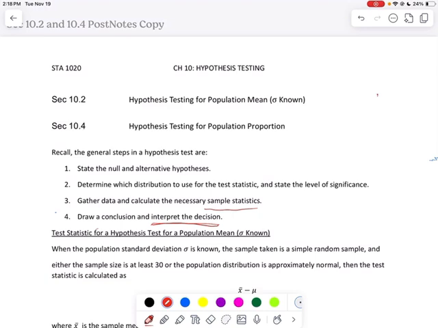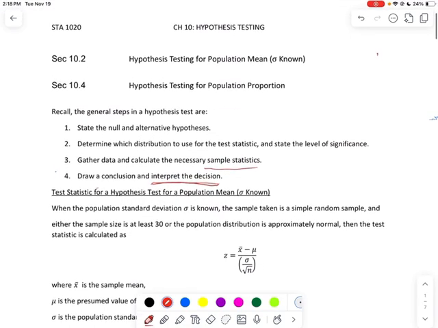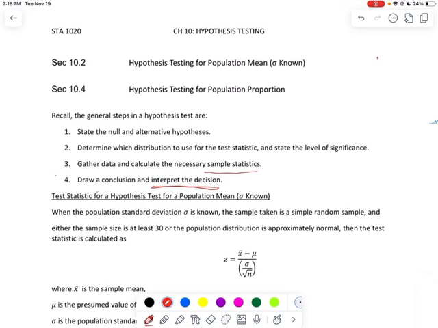So what is the test statistic for a hypothesis test for a population mean with sigma known? This is a condition we have for applying the test statistic from the normal distribution.